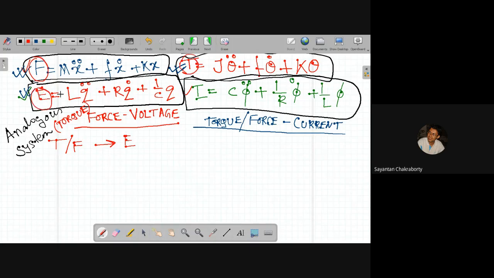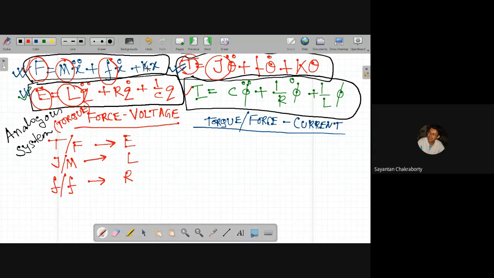Next, mass or inertia will be replaced by inductor. Right, inductor. We are just following the coefficient of the equation. Then what about F? In both the cases it is F, no issues. So it will be replaced by the resistor.